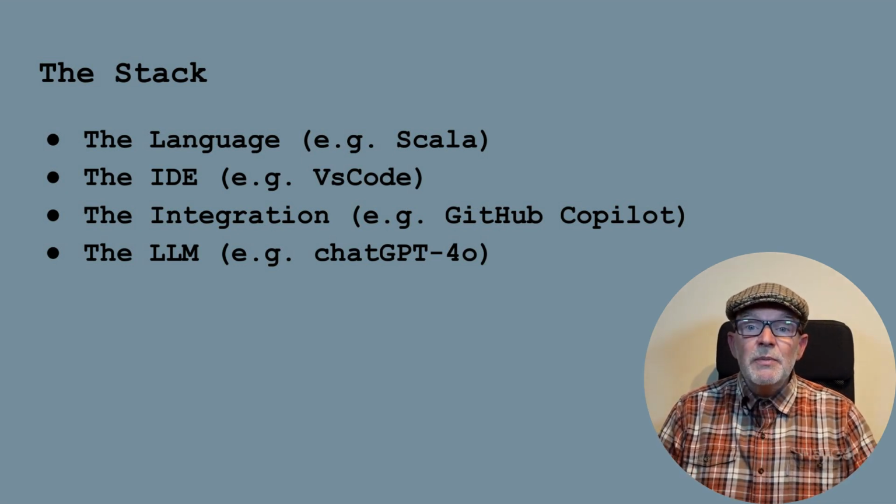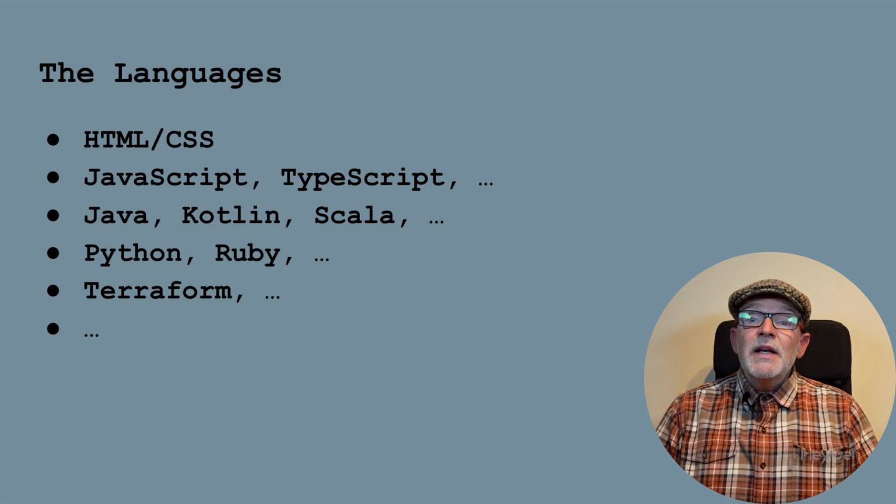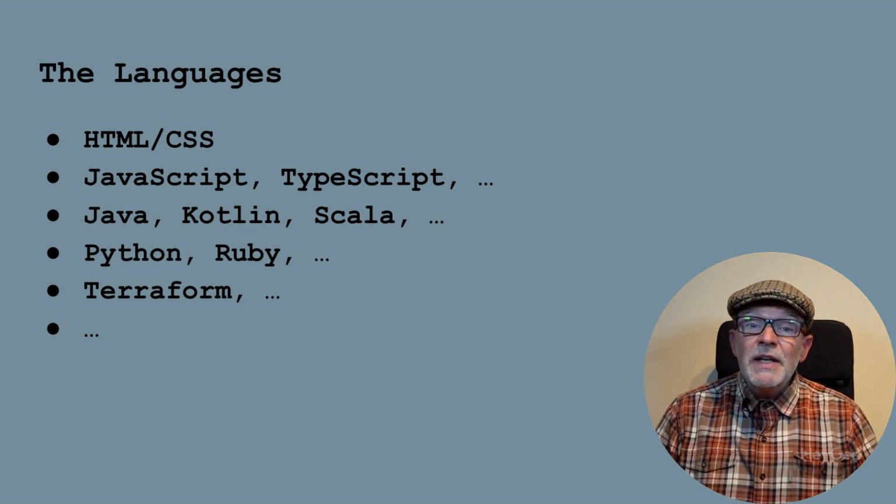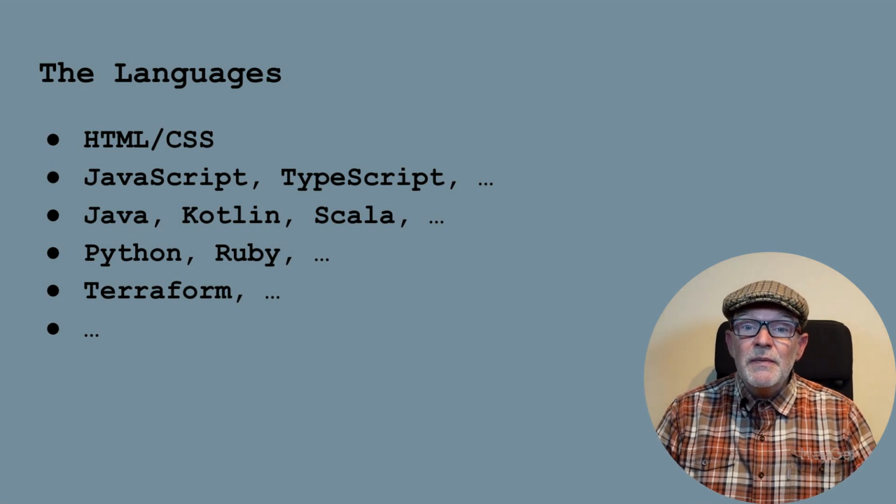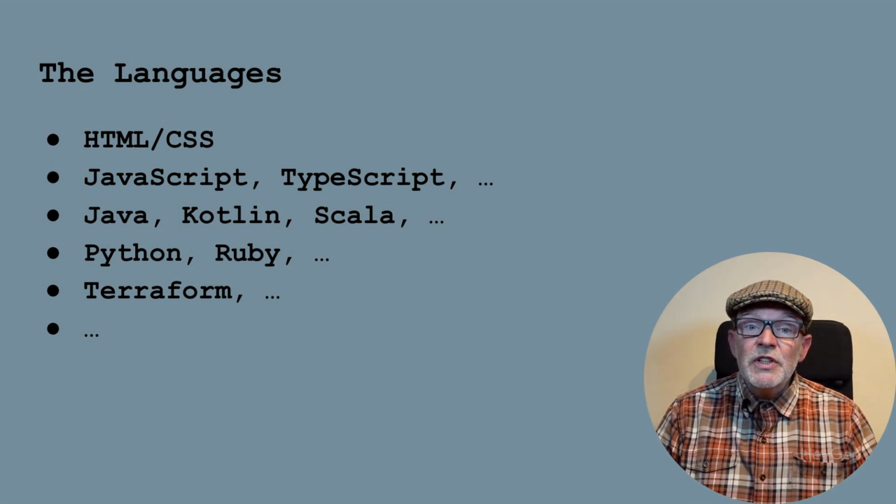Let's take a look at the options. Obviously, we need to find a stack, or maybe even different stacks, that give us the best experience for different languages. For front-end and back-end languages, this is probably kind of easy. But for languages that are more specialized like Terraform and SQL, you might need a stack with specialized IDEs or specialized models.